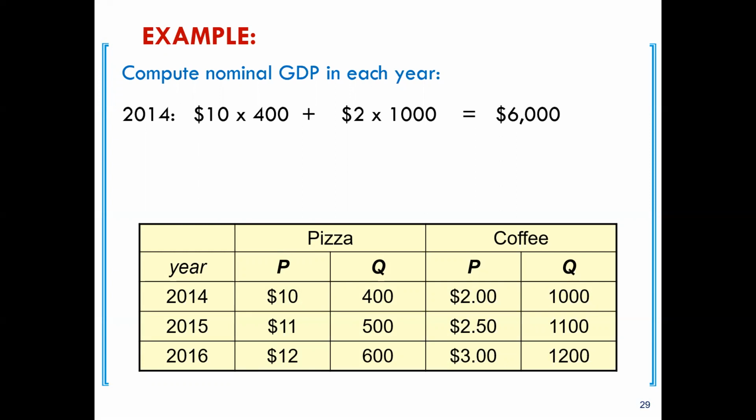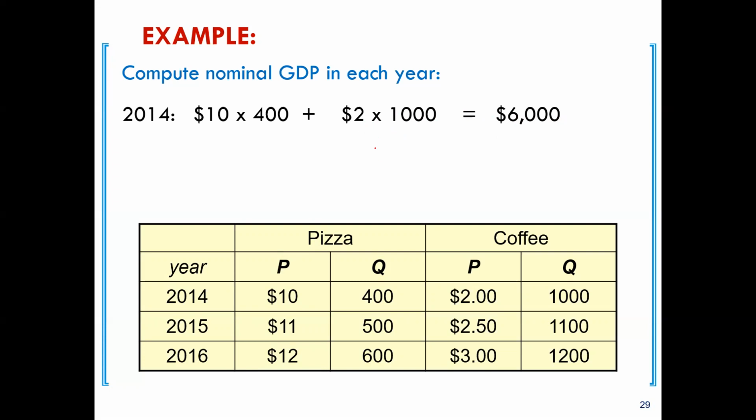Mathematically, we can express this as shown above. The value of pizza is the price, $10, times the quantity, 400, plus the value of coffee, which is $2 times the quantity, 1,000. The result gives us $6,000.